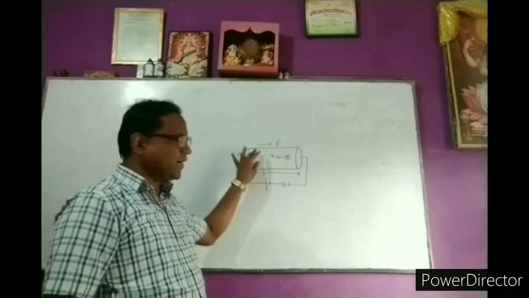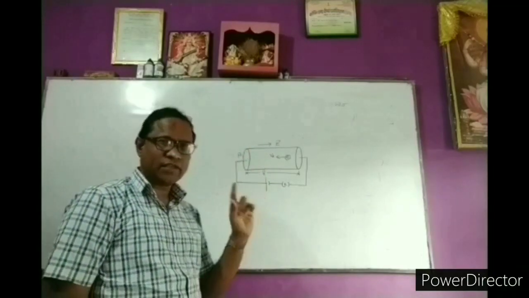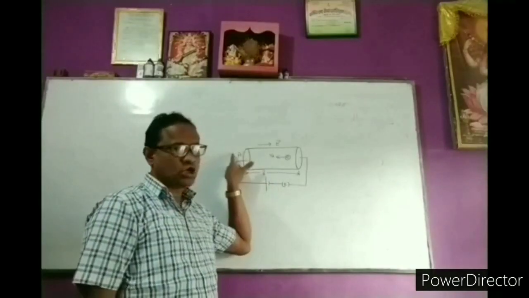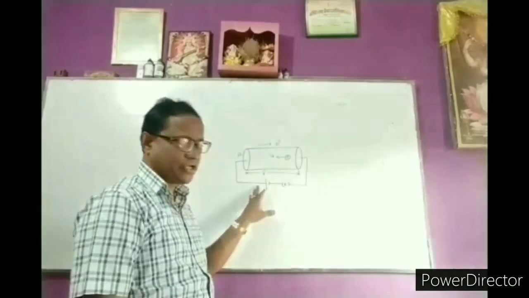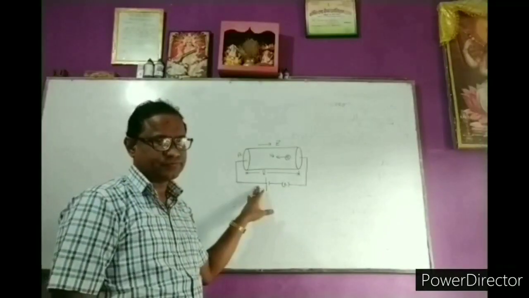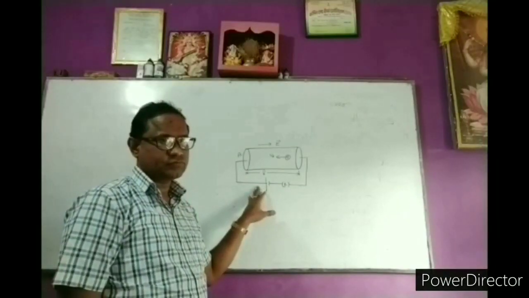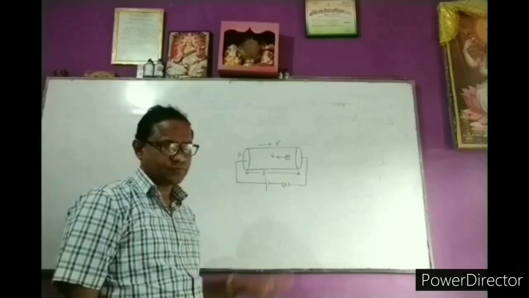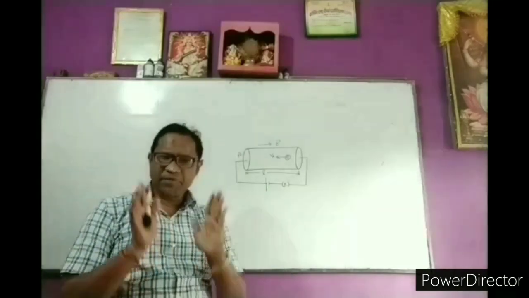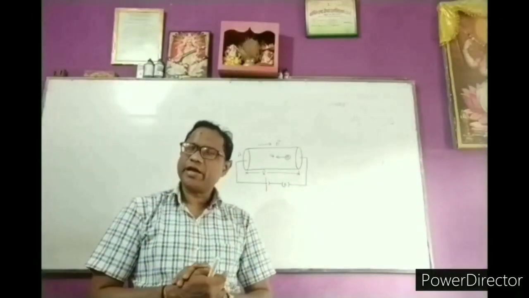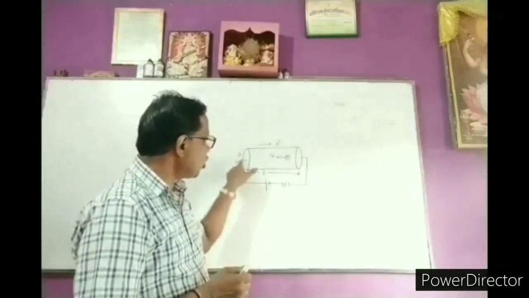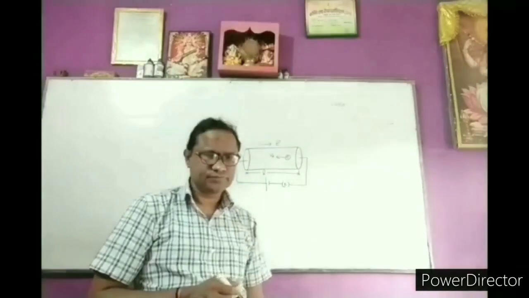Consider a conductor of length L and cross-sectional area A connected across a battery through a key. Let V be the applied potential difference across the ends of the conductor.